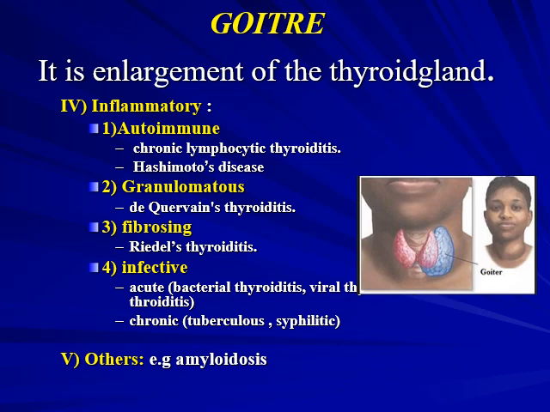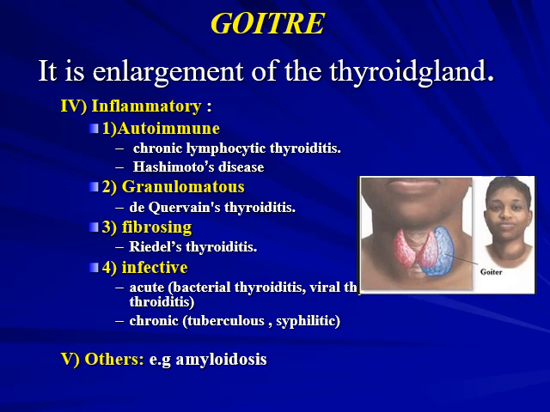It supplies all the intrinsic muscles of the larynx except the cricothyroid, and the sensory part supplies the mucous membrane of the larynx below the vocal cords. The manifestation of this nerve injury will be discussed with the clinical seminar of thyroidectomy.